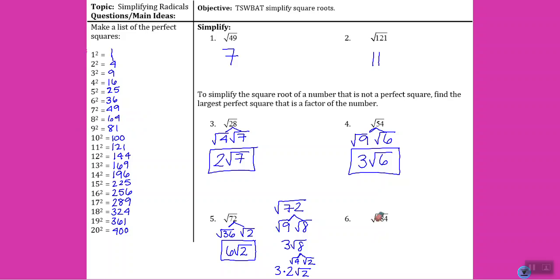The biggest perfect square that goes into 384 is 64, and it is 64 times 6. The square root of 64 is 8, and then we'll keep the square root of 6.